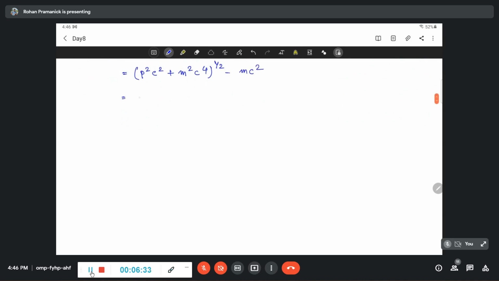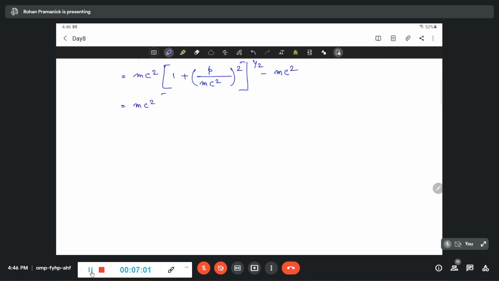If we take out the mc squared term common, this becomes mc squared times 1 plus (p by mc) whole squared, to the power half, minus mc squared.